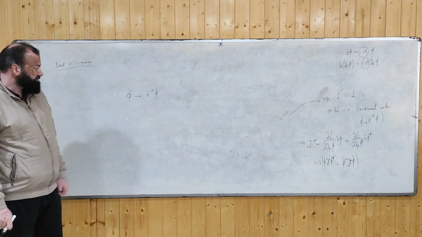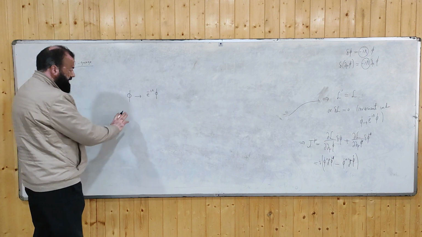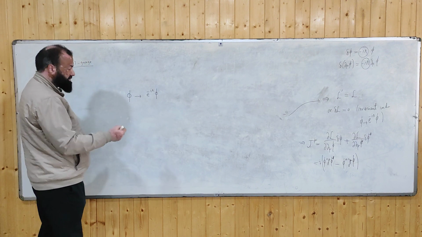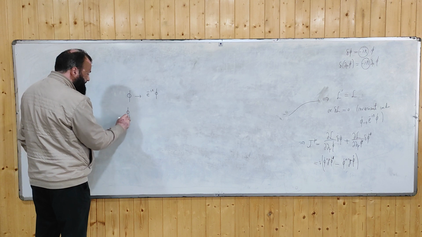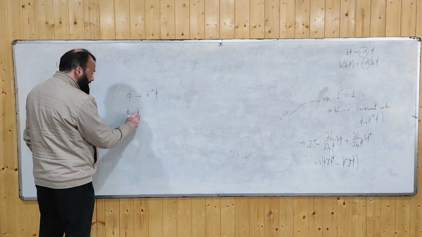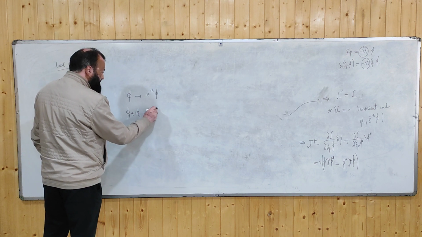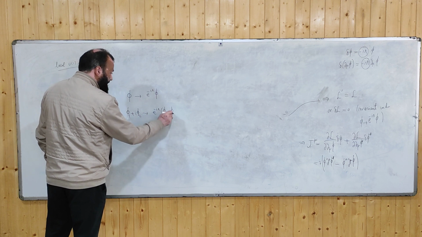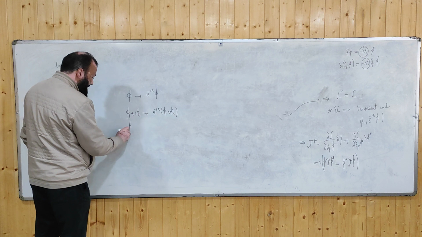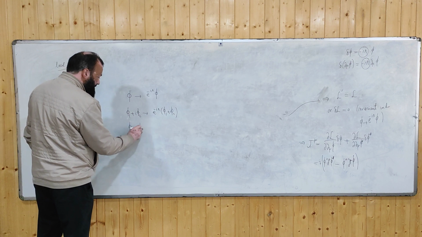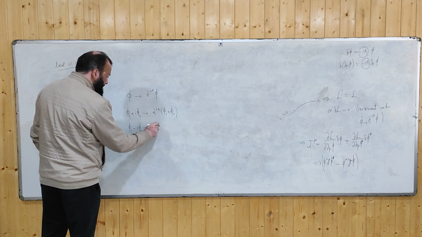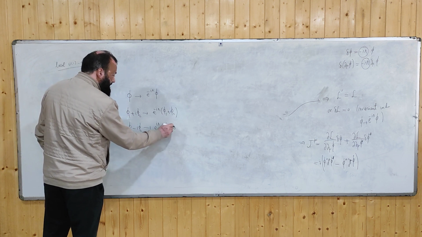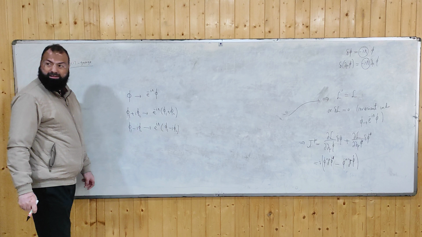Since it's for both the components phi 1 and phi 2, I can write it as phi 1 plus i phi 2 goes as e raised to the power minus i lambda times phi 1 plus i phi 2, and phi 1 minus i phi 2 goes as e raised to the power i lambda, because it is the conjugate of this, times phi 1 minus i phi 2. Clear?